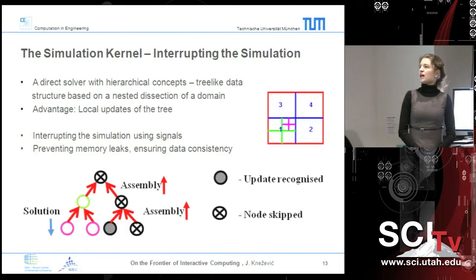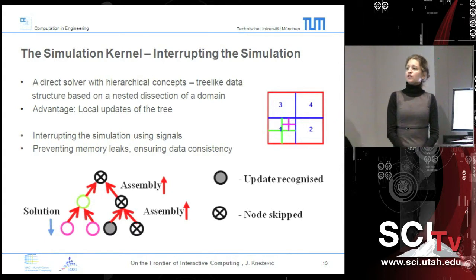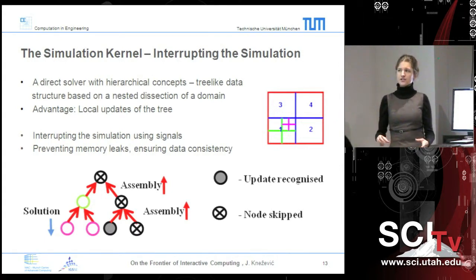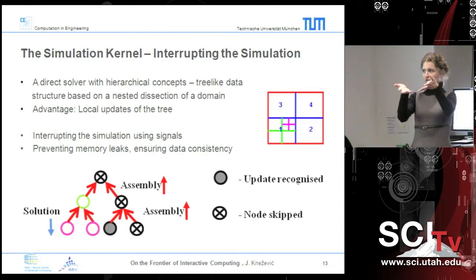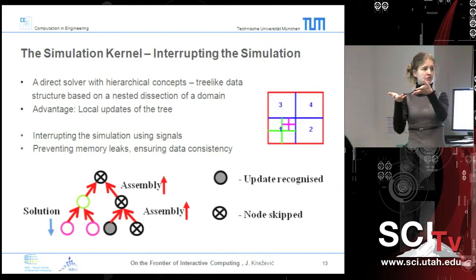So the challenge here was how to interrupt, and what we were doing is when a signal occurs and we are in the middle of the processing of one node there, because we go bottom up to do the assembly, which is most time consuming actually.